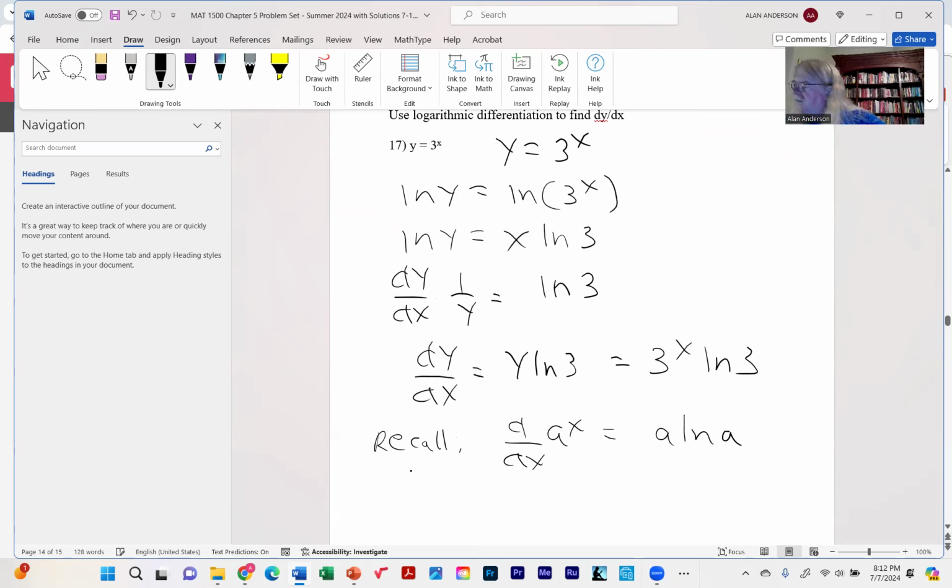So let's try this. The 1/4. We're missing the 1/4 that we need to make a du.